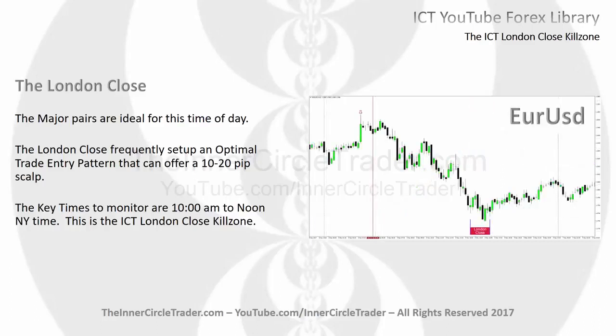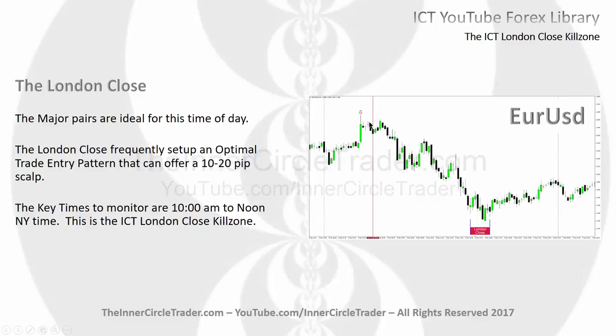Another example here, this is the euro dollar, just to show you how the London close encapsulates the daily range. Okay, we have the Asian range in here, the high created during the Asian market. I actually traded this pair, and this is a very similar chart we've used in this series so far.